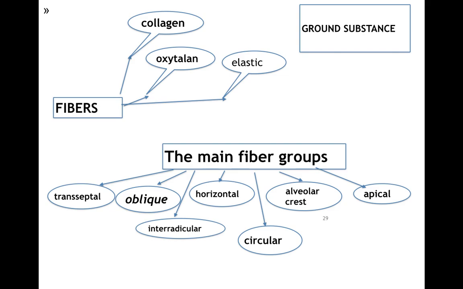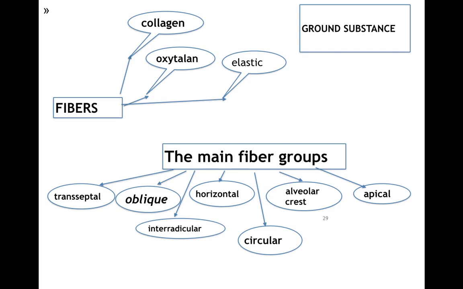Then near the horizontal group of fibers, there is the alveolar crest group. Alveolar crest fibers start from the alveolar bone and finish on the cementum of the neck part of the tooth. On the middle part of the roots, there is the oblique fiber group, located obliquely.